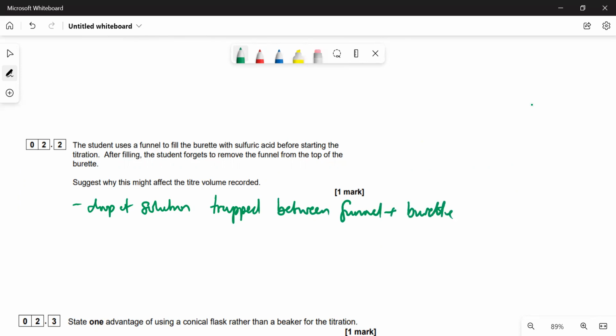And quite often what happens is halfway through the titration, that drop falls into the burette. So that means you are going to slightly underestimate the volume of acid that you've added.